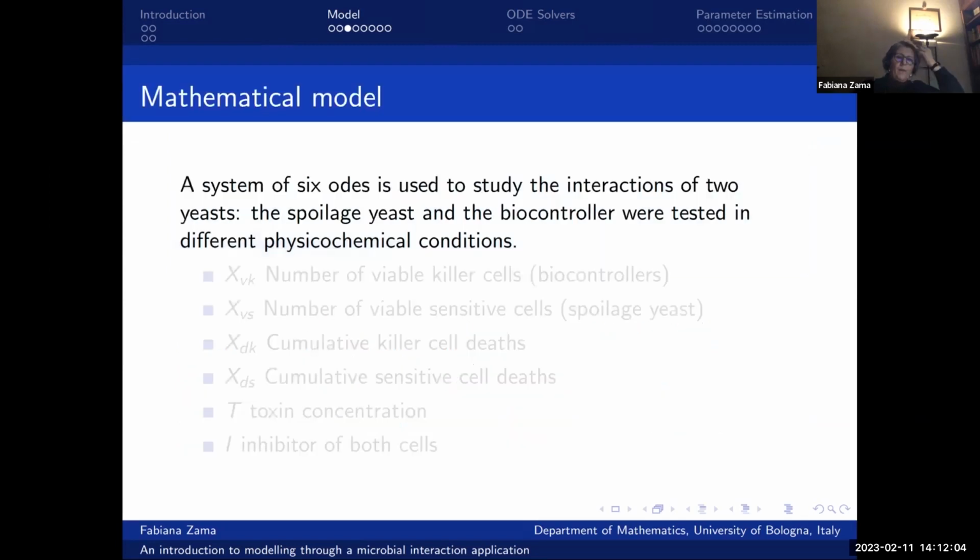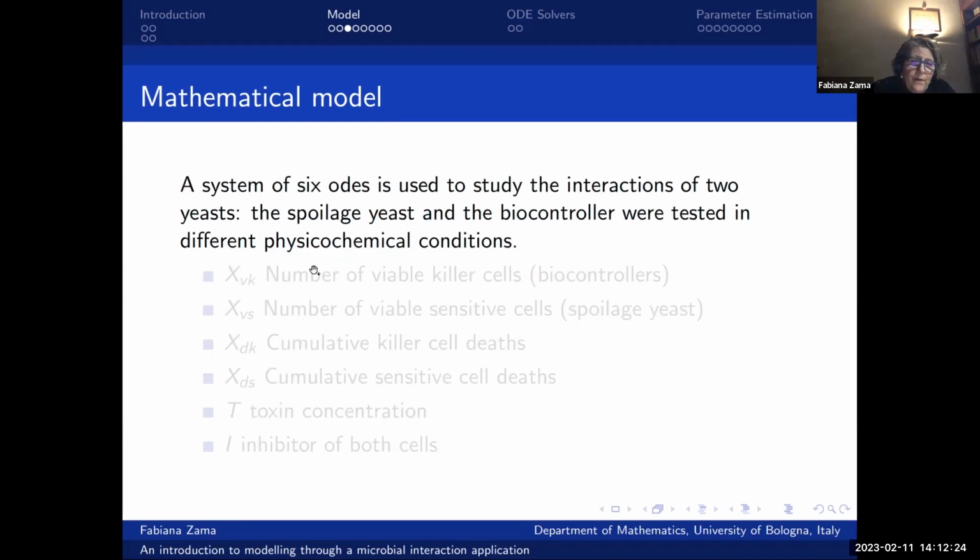So the model consists at the end of a system of six ordinary differential equations, which allows us to study the interaction of two yeasts, one being the spoilage yeast, and the other the biocontroller or killer yeast.